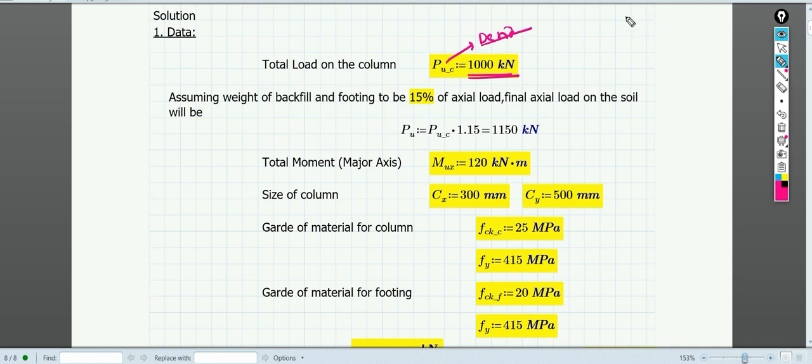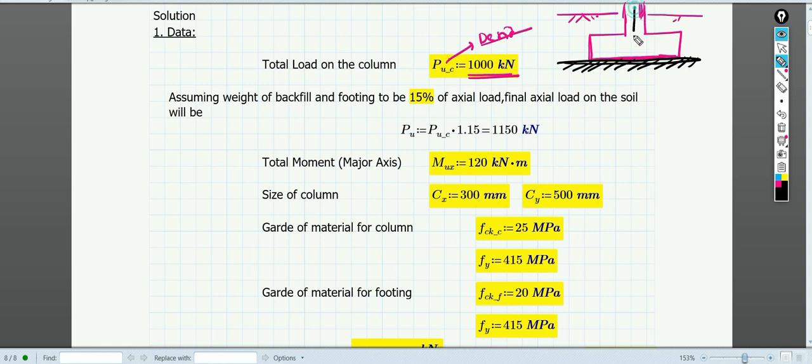Now if you see, the footing is basically placed at a certain depth from the soil, right? Suppose this is the soil level. Now if I'm talking about the soil at this level, here we have the soil. So what is the load that is coming to this soil?